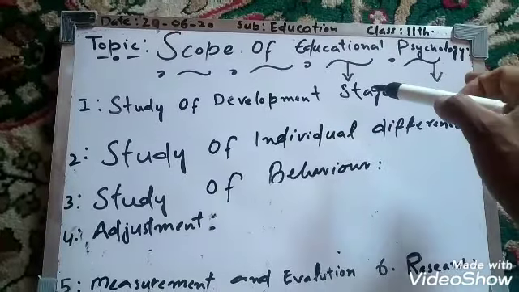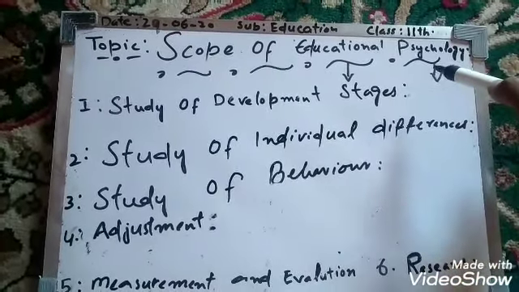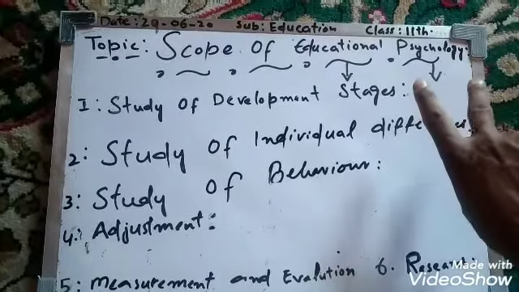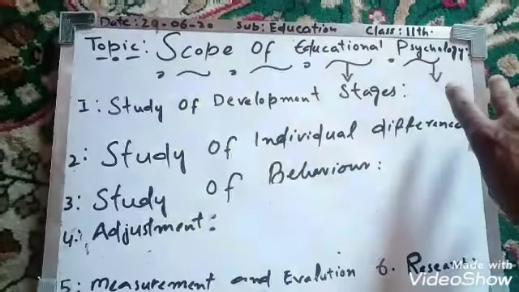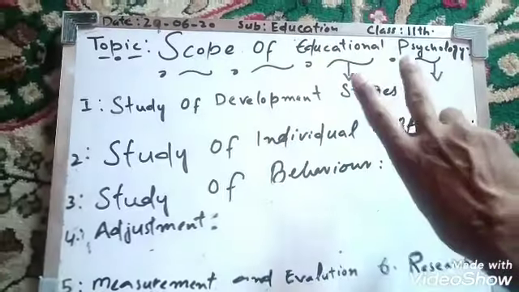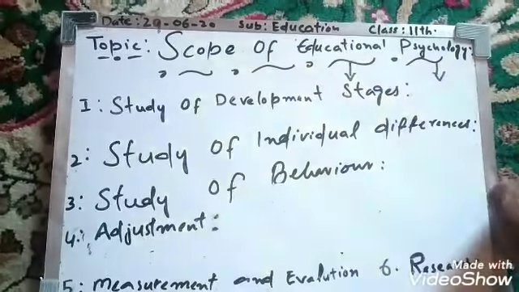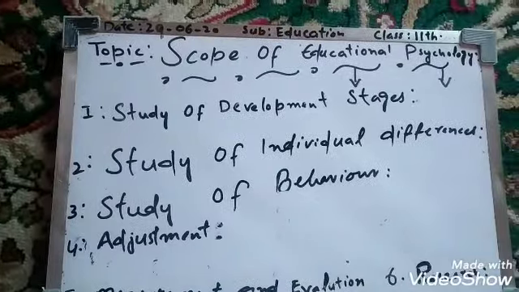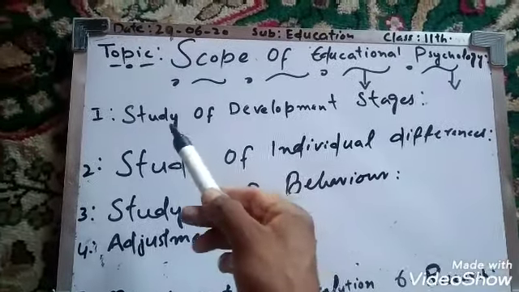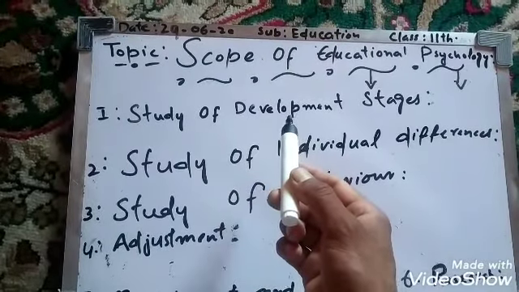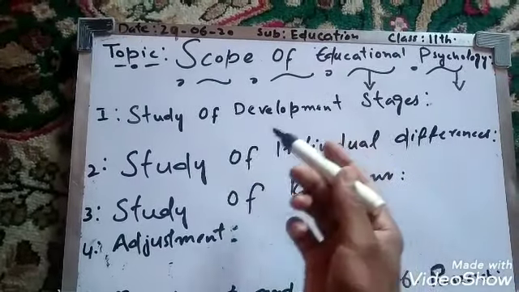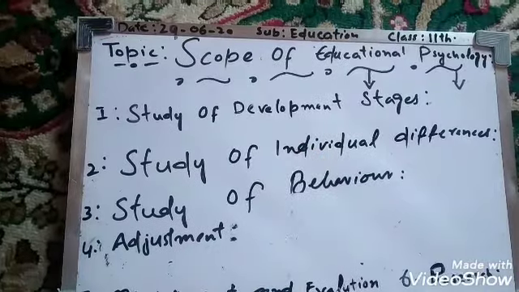In the previous lecture, we discussed education and psychology. These are two words: psychology means the study of behavior and education means the modification of behavior. So in this lecture, we shall discuss the scope of educational psychology with the help of these headings.